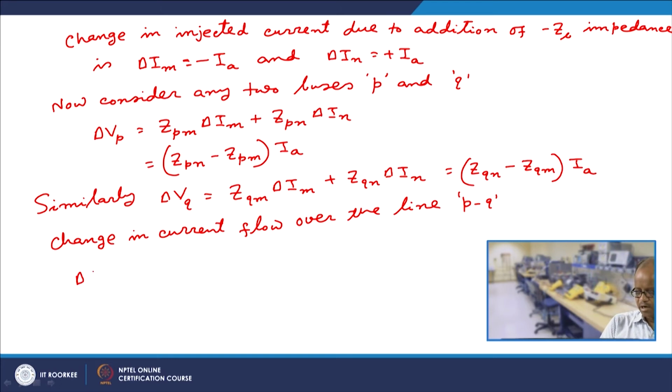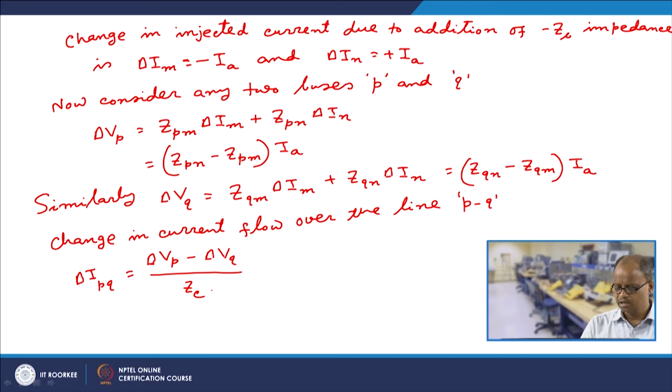That is given by delta I_PQ. I_PQ is the current flow over the line between bus P and Q. So, that would be equal to delta V_p minus delta V_q divided by z_c.